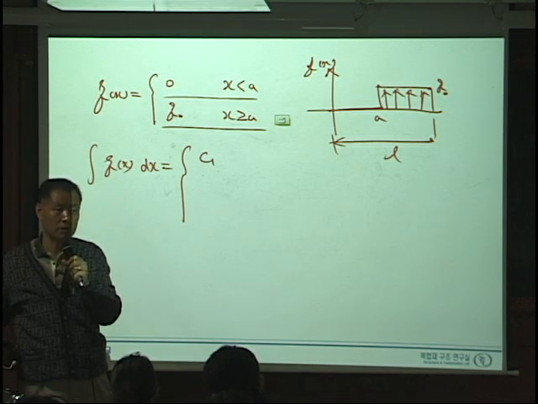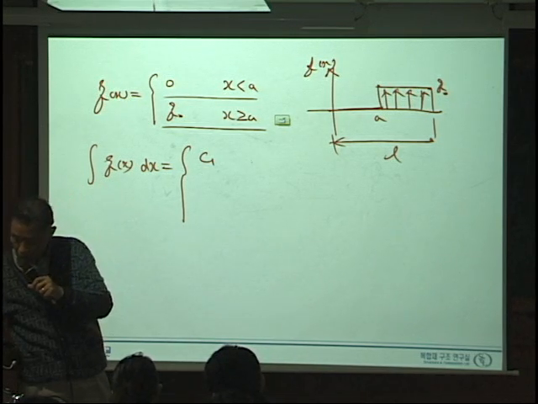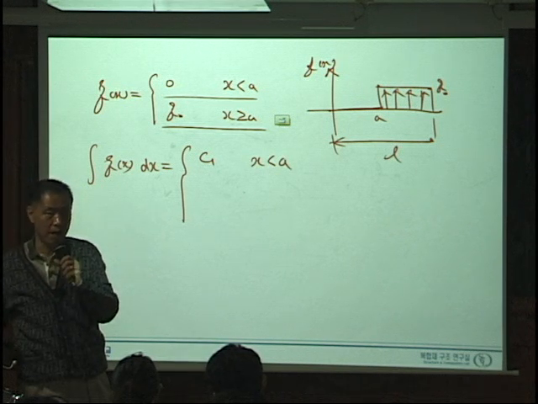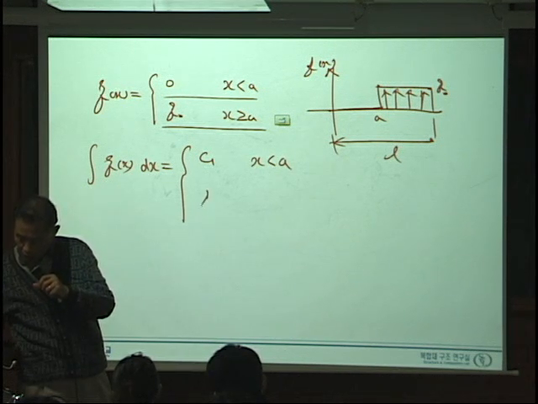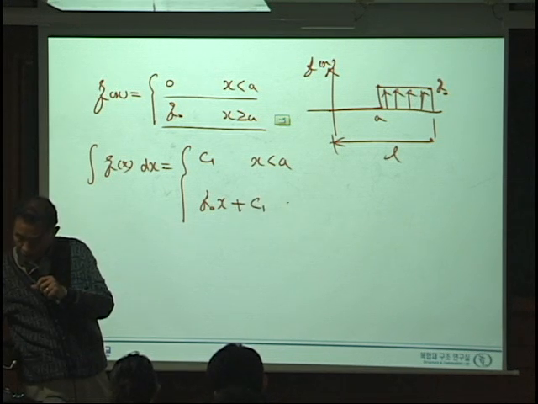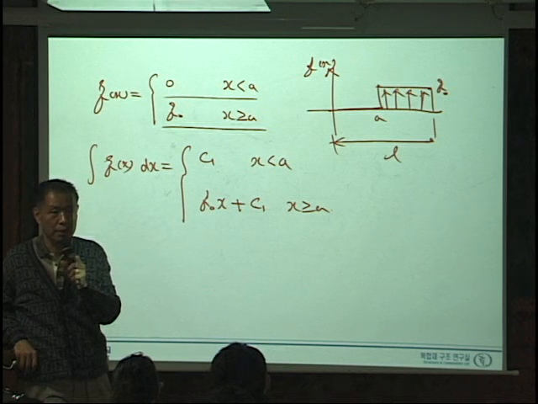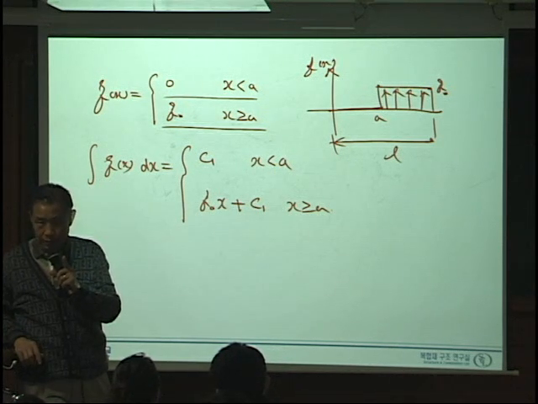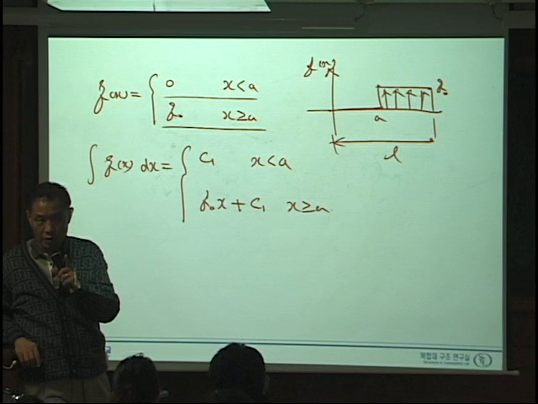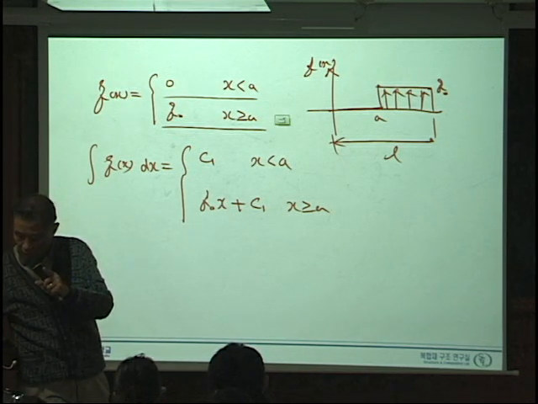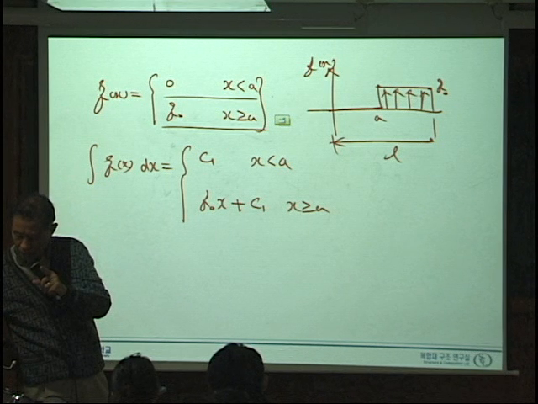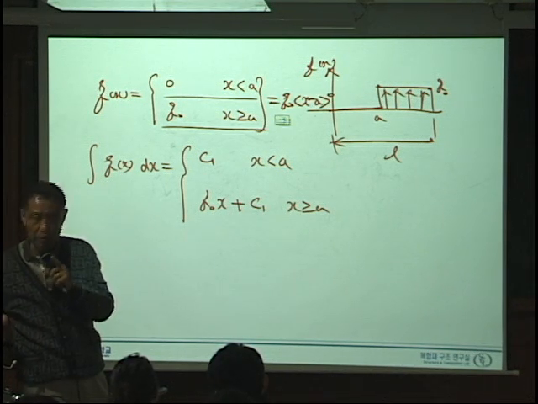We get C1, just an integration constant, for x less than a. And for x greater than a, you will have Q0 x plus C1. Simple, right? Now, let's try to use the singularity function for this one. This will be expressed as Q0 times (x minus a) to the power 0, right?